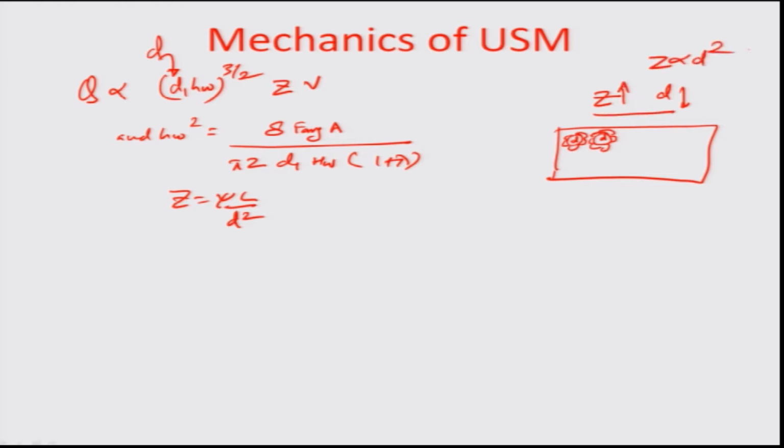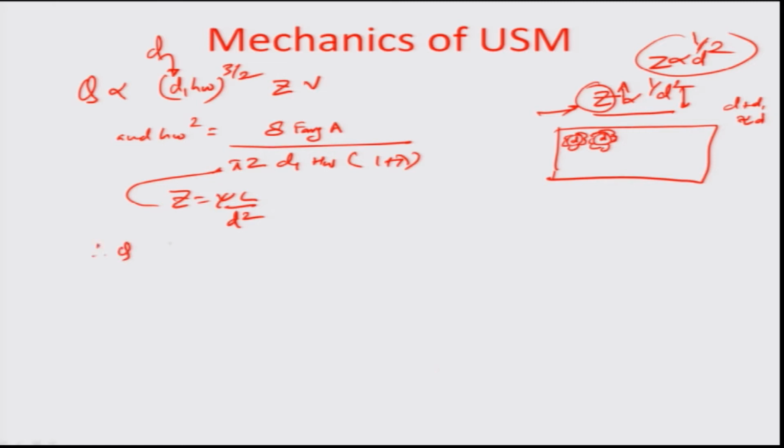In other words, instead of the fact that there is a projection diameter much smaller with respect to the d, and so d plus d1 can be approximated with d, the value of Z, or the number of grains making impact per cycle, always is inversely proportional to the square of the diameter, okay, as before. So, we plug all these values in and try to find out what is effectively the result of all this.